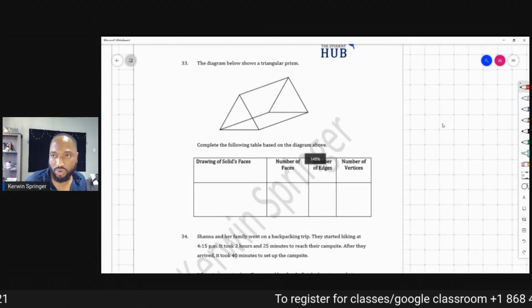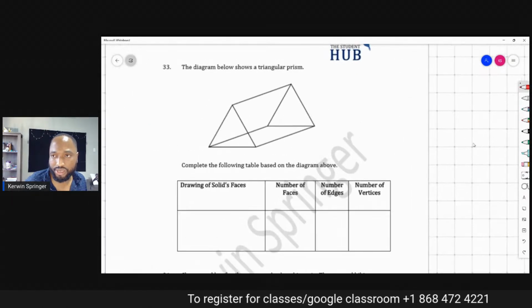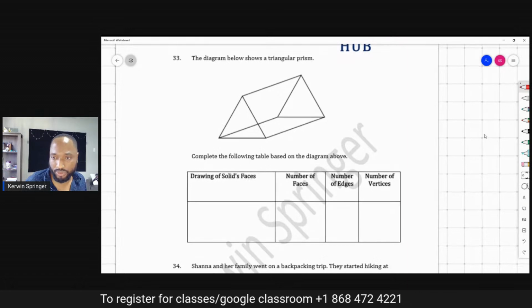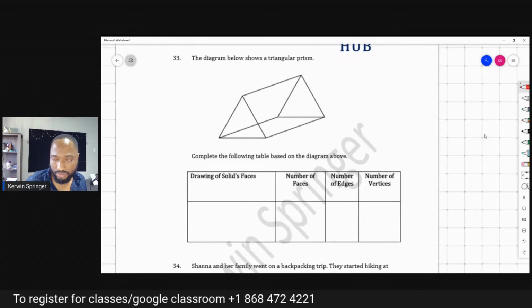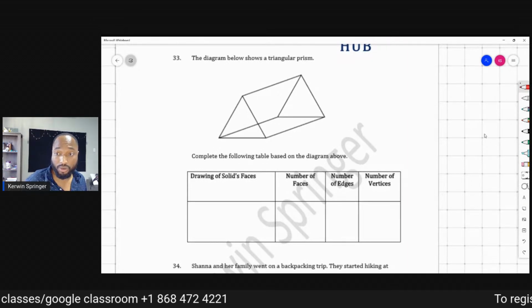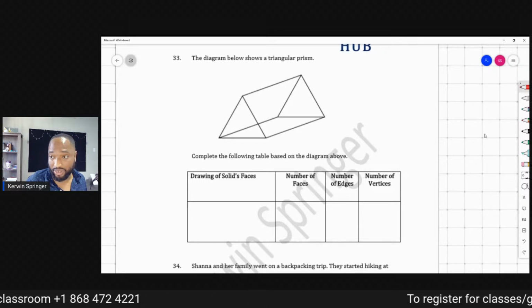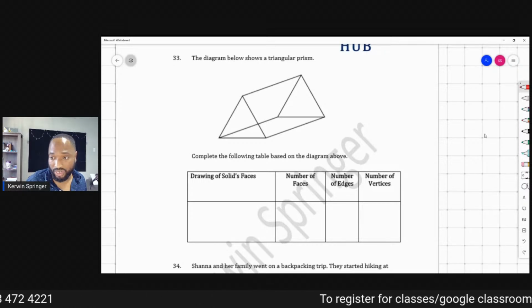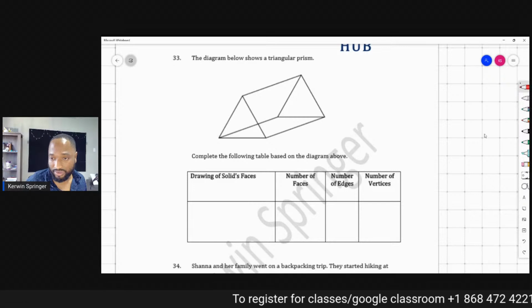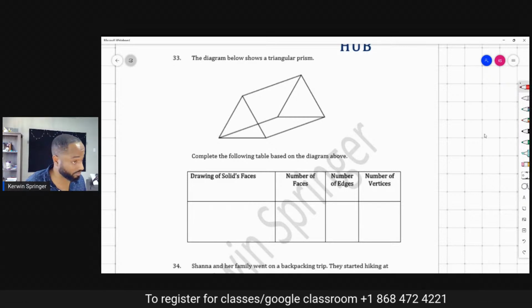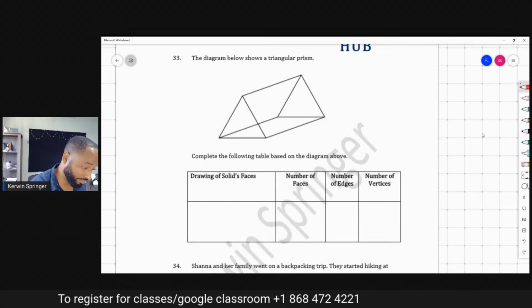The diagram below shows a triangular prism. Complete the following table based on the diagram above. Drawing of solid faces. Okay.